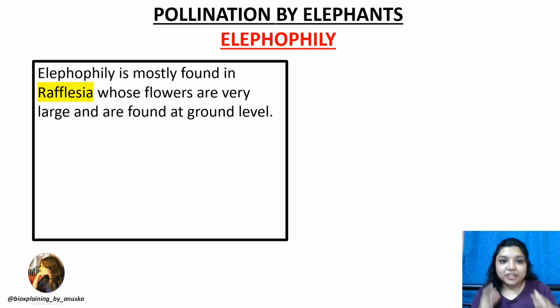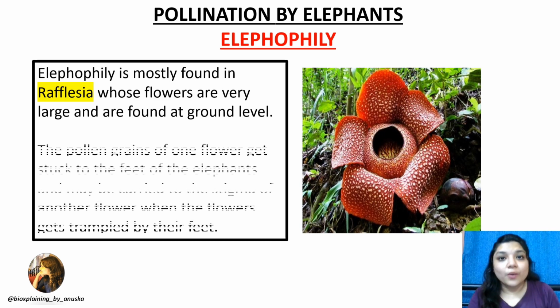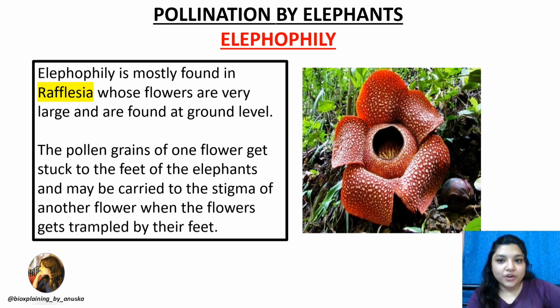Okay, so Rafflesia is a flower which is very large and it is found at the ground level. So what happens is these flowers are found in forests and they're at the ground level. So when the elephants are walking in the forest, they might trample these flowers even unknowingly. So when the elephant comes and stamps on this flower, what happens is the pollen gets stuck to the feet of the elephant.